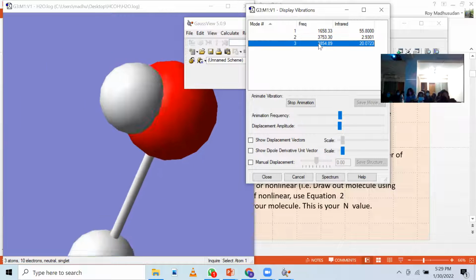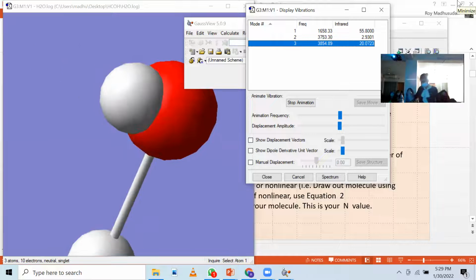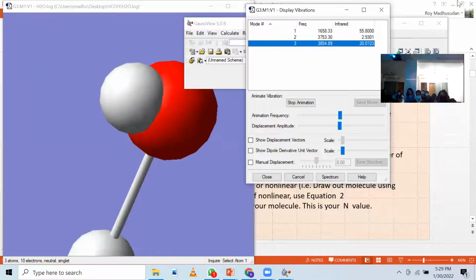So if you have a molecule like this, hydrogen and hydrogen, do you think this molecule will be IR active? Do you think? No. Yes? No. We should not. What about this one? It should have. What about this one?